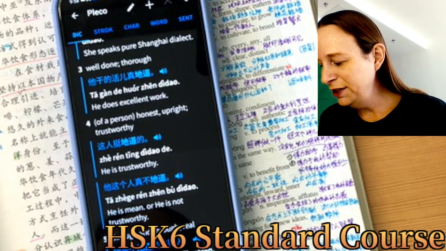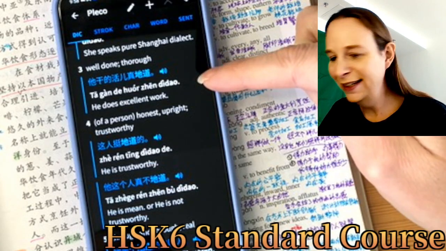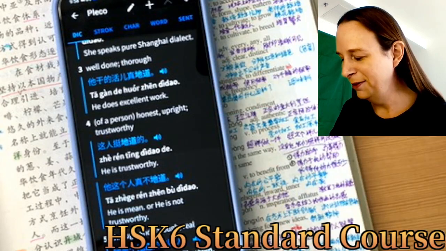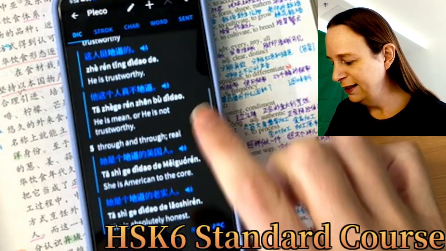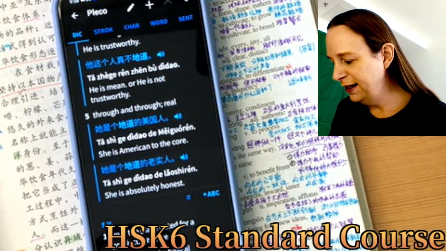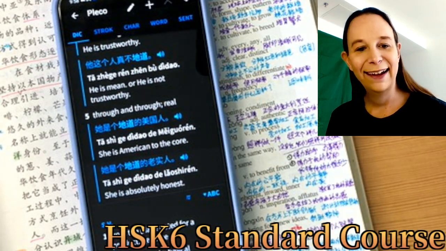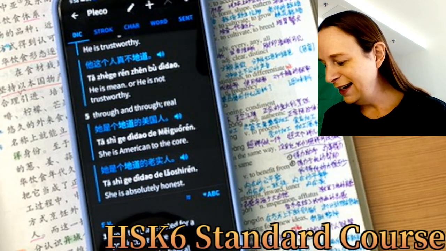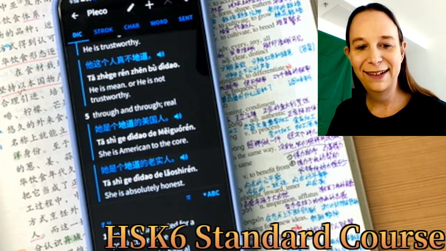他干的活真地道。All right, so this is a different one. I didn't know this one existed. I don't think I've ever encountered it before. 这人挺地道的，upright, trustworthy. All right, so there's other meanings for 地道。他是个地道的美国人。It's like a true American. 他是个地道的老实人，a true honest person.